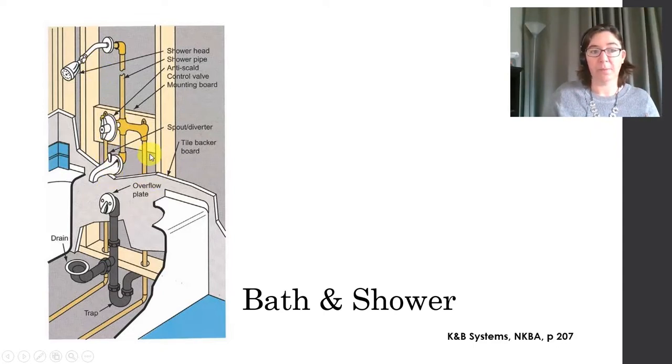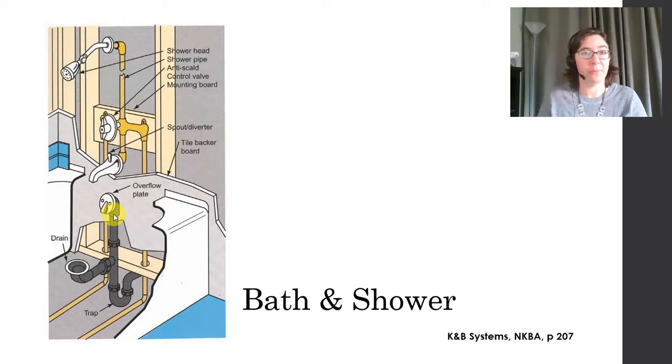And so the water supply would come in right here and then be diverted either to the tub or to the shower head. Then the drainage system is down here. This is the tub drain, and it has a P-trap and then goes out to the drain system. This overflow plate is needed for safety so that the tub does not overflow if the drain backs up. If you only have a shower, you won't have that piece, but you will have this drain.